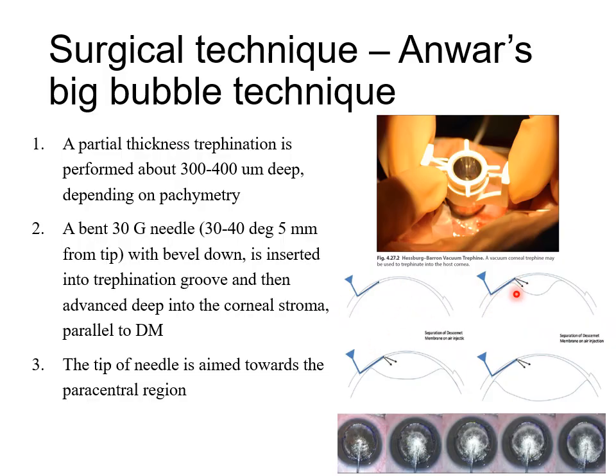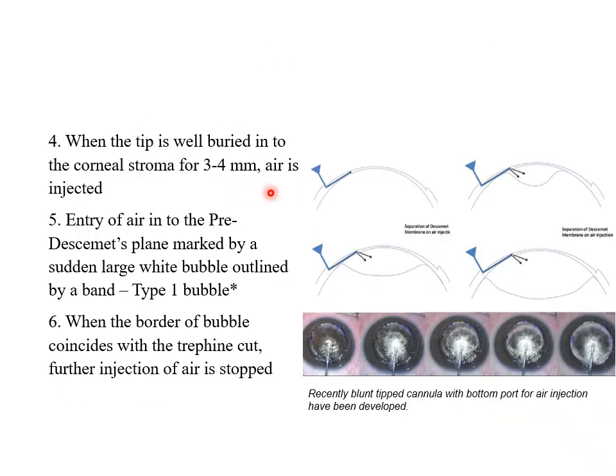Once we are well within the trephination groove, we inject air from this syringe with some force. The air is injected and you can see the Descemet is separating. As more and more air is injected, an air bubble is formed, and this is known as the big bubble. Air always follows a reproducible path.